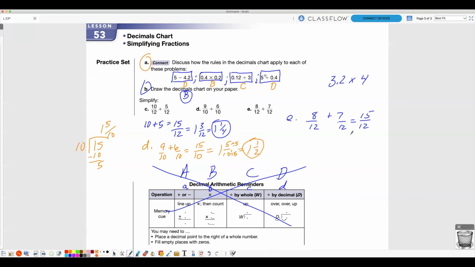And just like this one over here, if we were to do 15 divided by 12, 12 will go into 15 one time, will get us to 12. That'll be 3 left over 12, which reduces to 1 and 1/4, because this one can be divisible by 3, this one can be divisible by 3. So this one is also 1 and 1/4 for the final answer on that.